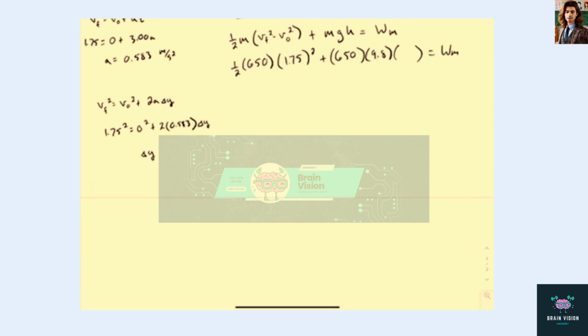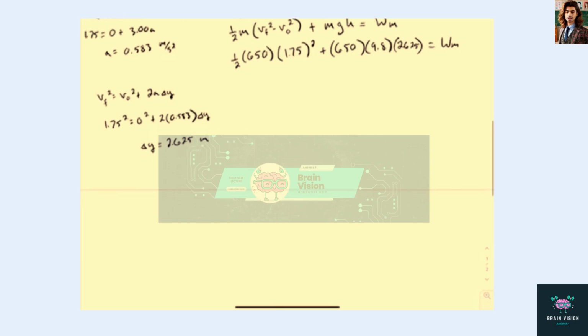So we get delta y is 2.625 meters. So we can plug that in here. Delta y is just the height because we're starting at height of 0, so the change in height is just the total height. And now we get the work done by the motor is 17,716.56. You get the point.